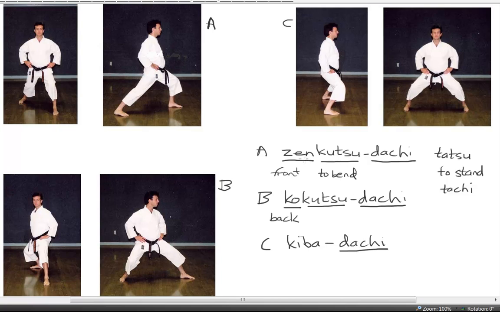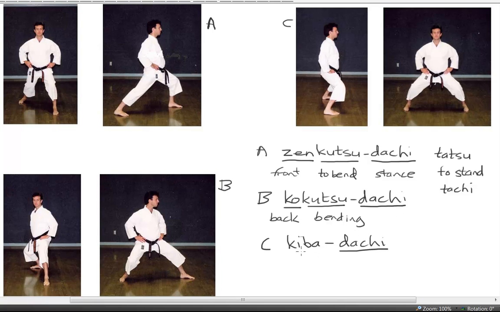Essentially what this is saying is zenkutsu-dachi is a front bending stance. Let's put stance right here just to be sure. So kokutsu-dachi would be a back bending stance.